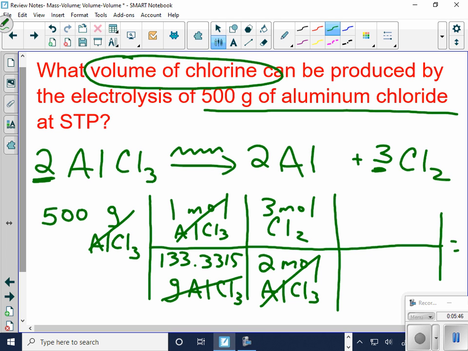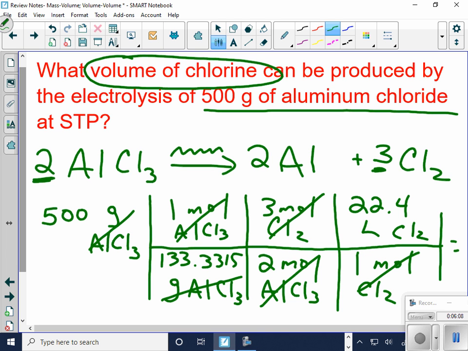Well, I didn't want moles of chlorine, I wanted volume. So I know that 1 mole of chlorine gas has a volume of 22.4 liters of chlorine gas. My mole cancels.